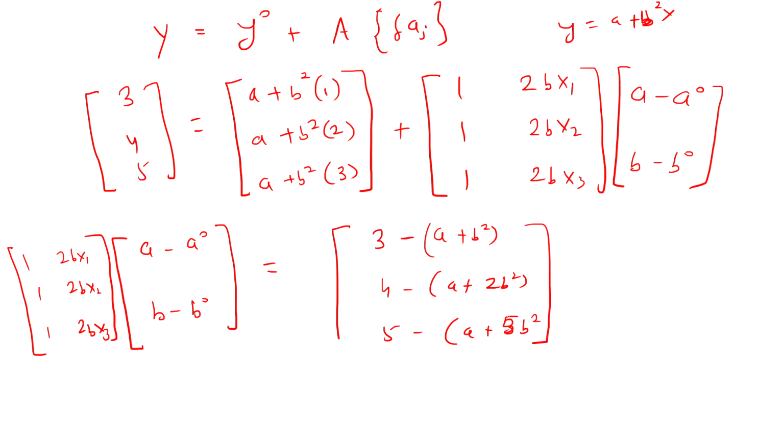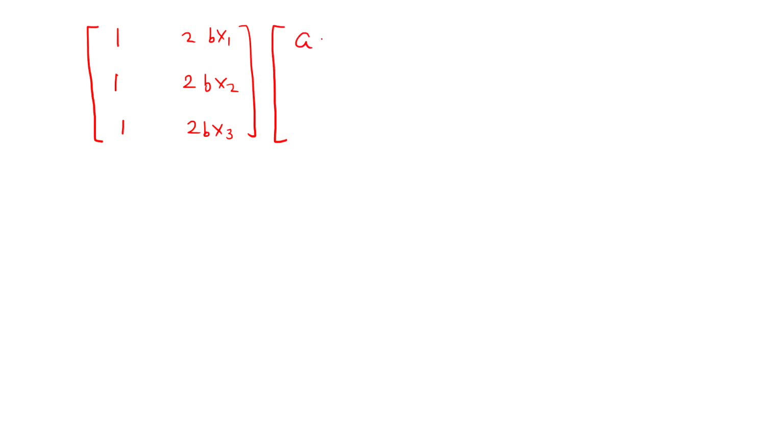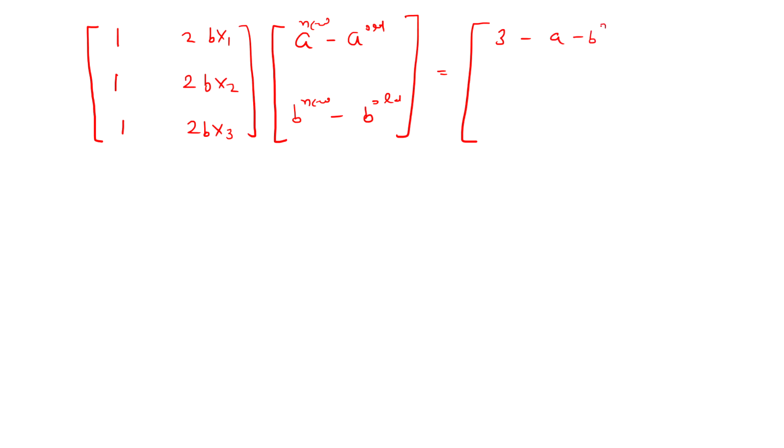So right now what we have is 1, 1, 1, 2bx1, 2bx2, 2bx3, and then we have a new minus a old, b new minus b old, equal to 3 minus a minus b square, 4 minus a minus 2b square, 5 minus a minus 5b square.